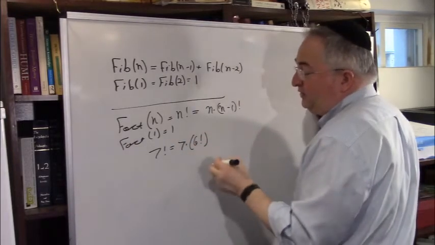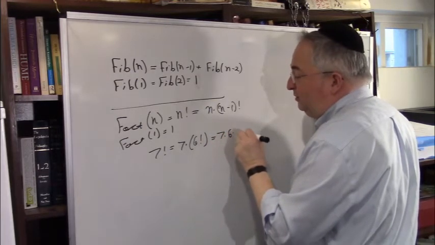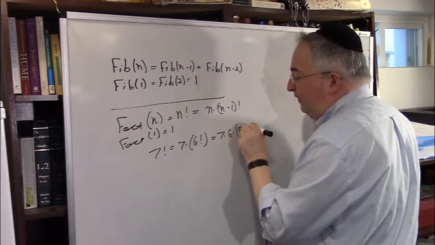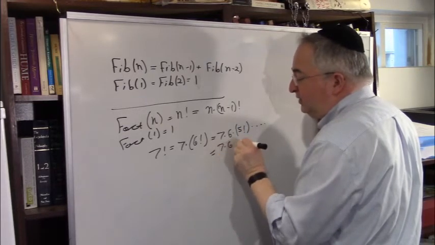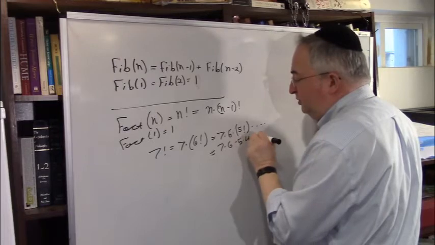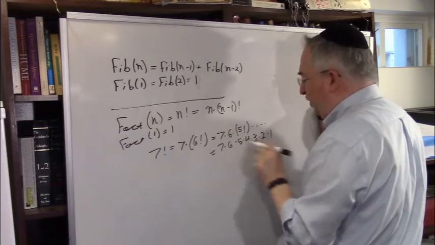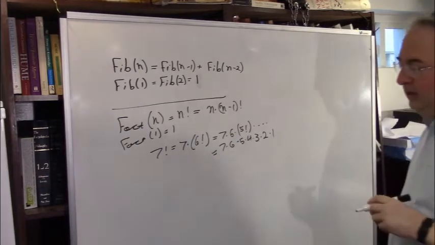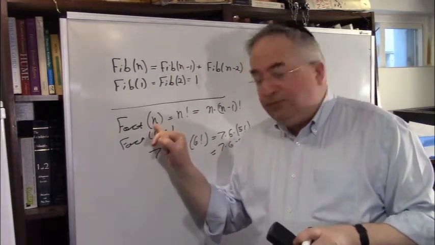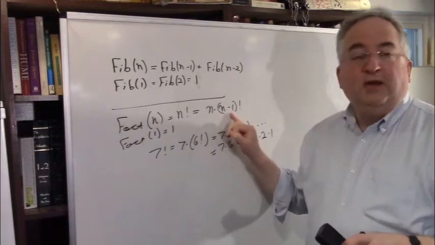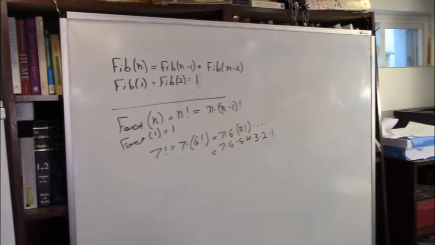And what's 6 factorial? Well, that's 6 times 5 factorial. And this goes on until you get 7 times 6 times 5 times 4 times 3 times 2 times 1 factorial, which is 1. What you see is, in order to solve a big problem n, you have to solve n minus 1. That's typical.